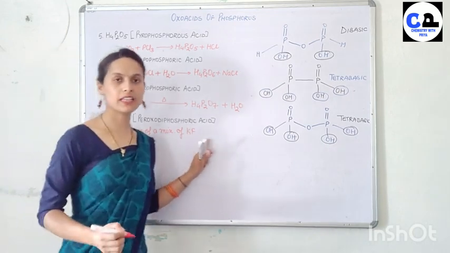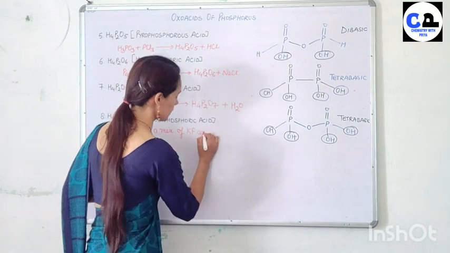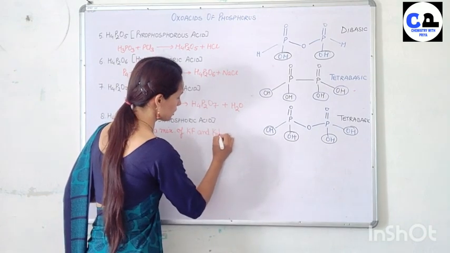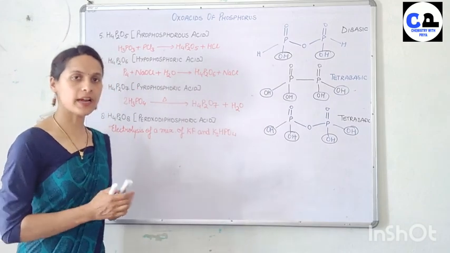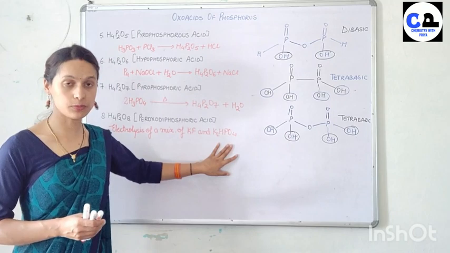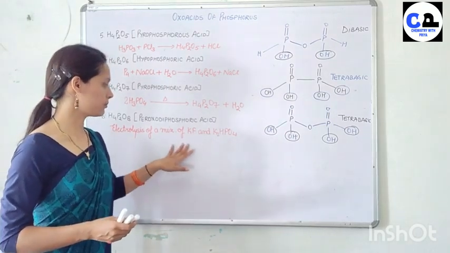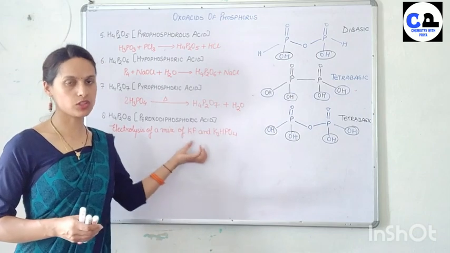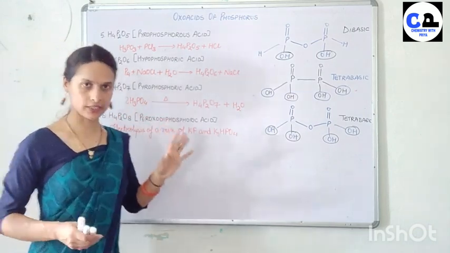It is prepared by the electrolysis of a mixture of KF and K2HPO4. By the electrolysis of a mixture of these two compounds, we get H4P2O8.